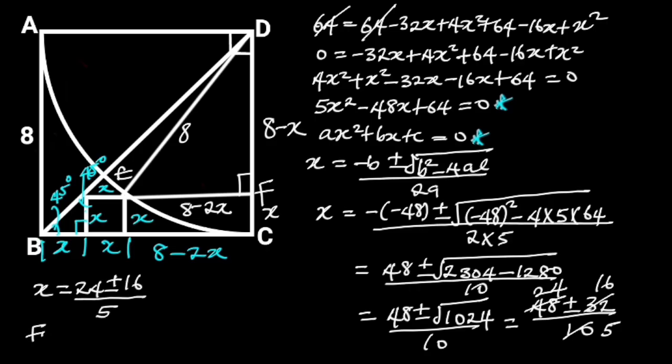For plus, x is equal to 24 plus 16, all over 5. 24 plus 16 is 40. 40 divided by 5 is equal to 8.